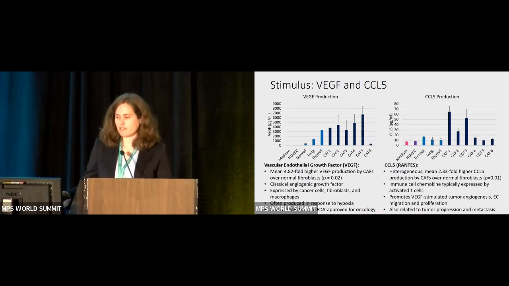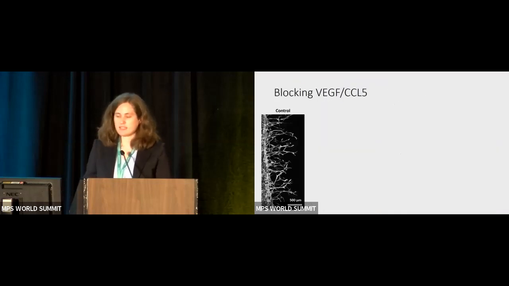As we saw, VEGF and CCL5 were both implicated in the system and highly expressed by cancer-associated fibroblasts. I started looking at whether or not we could tease out their different effects in the sprouting population in fibroblasts. So now I'm using cancer-associated fibroblasts and reminding you what those control sprouts look like here.